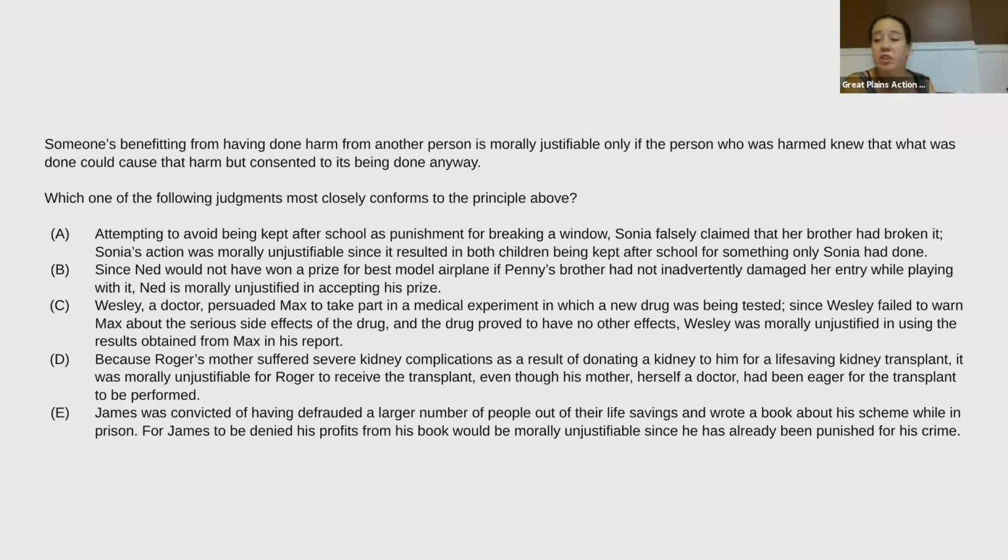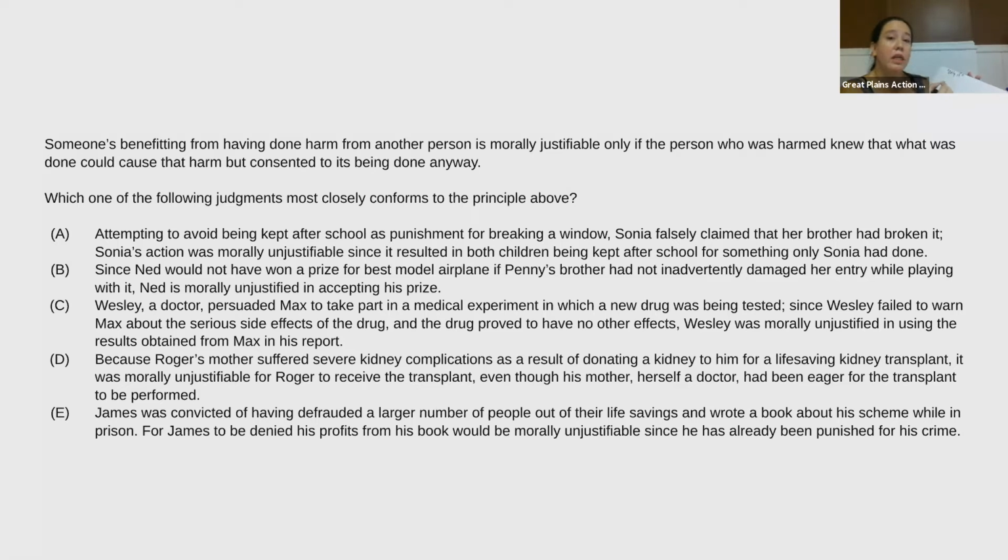All right, let's try to isolate the principle above. And this is nice because it has indicator words that we can use to translate the sentence. So we see we have a claim that something is justifiable only if. So we know that what follows is going to be a necessary condition. All right.